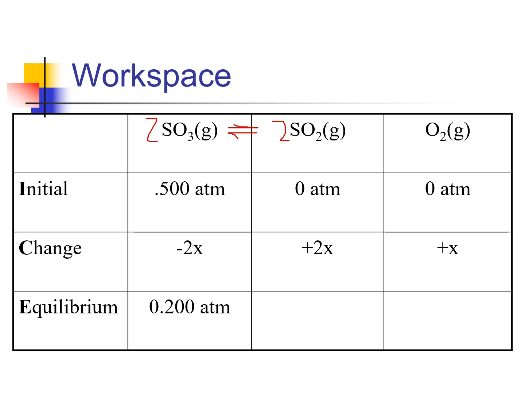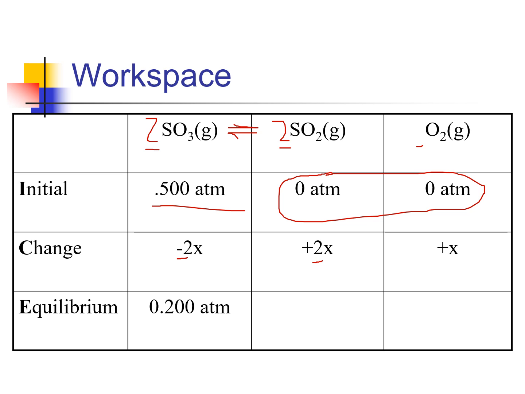So I put in my initial concentration of the SO3. Both of these here are 0 because we were not told any information about our product, so we assume that they are 0 in their initial. I am told that the equilibrium concentration of the SO3 is 0.2, so that's why that's there. And finally, we set up our change column. So again, the SO3 has a coefficient of 2, so 2x. SO2 is a 2, 2x.